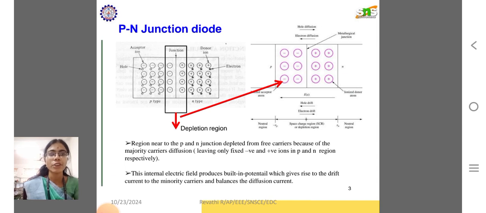In a p-n junction diode, in the p-type, holes are present as the majority carrier, and in the n-type, electrons are the majority carrier. In between those two regions there is a thin layer called a depletion layer or depletion region, a region near the p-n junction depleted of free carriers because of the majority carrier diffusion, leaving only fixed positive and negative ions. This is known as the p-n junction depletion layer.